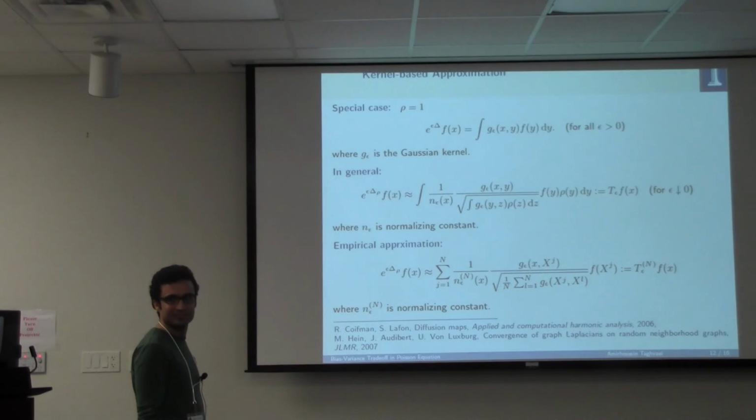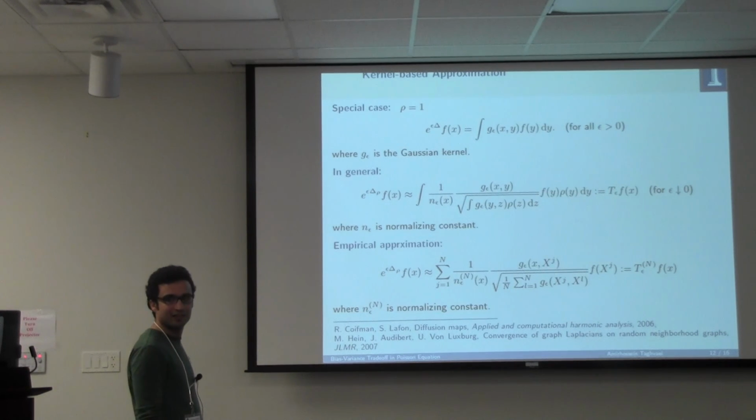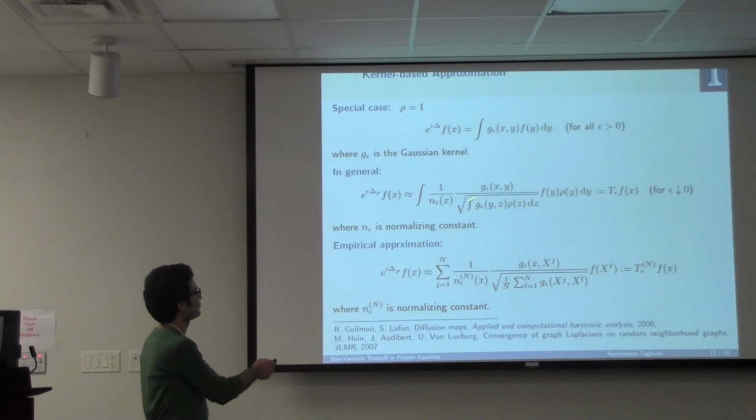Now look, the right-hand side is not symmetric for a diffusion. It satisfies detailed balance conditions as a discrete Markov chain. So it has similar properties to the Langevin diffusion, but it's not symmetric. This T epsilon is not the same.